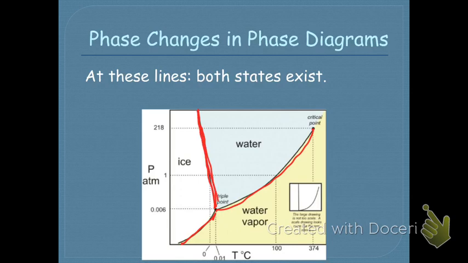So at this point where the melting point exists, you will have a solid and liquid state occur together. In the same way, at the boiling point, you have water and gas appearing together, and at sublimation and deposition, you have the solid and the gas occurring together.